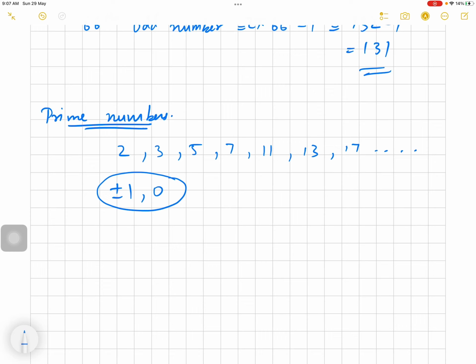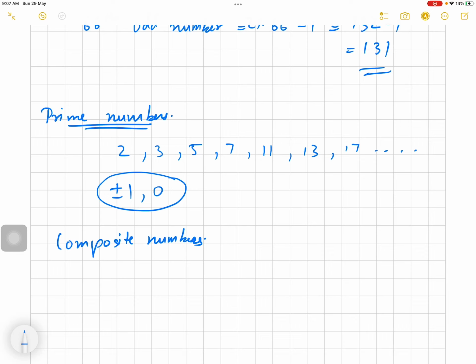Next one, composite numbers. Composite numbers, the numbers which are not prime numbers, are called composite numbers.